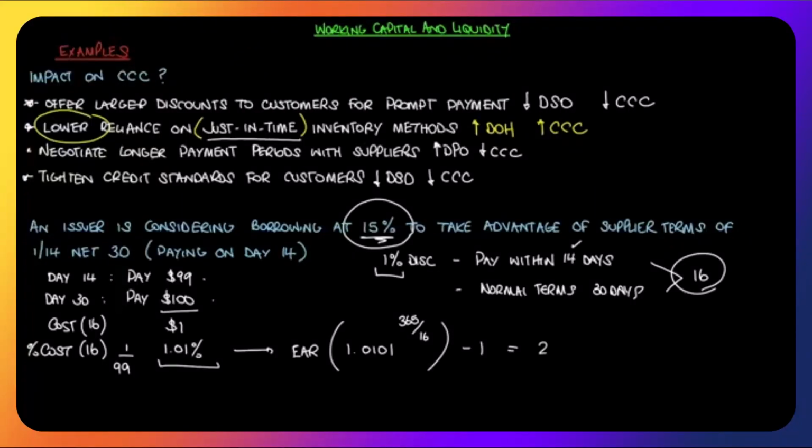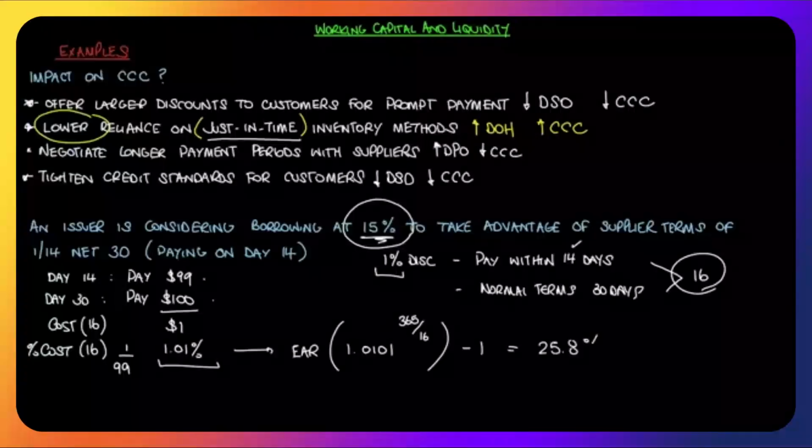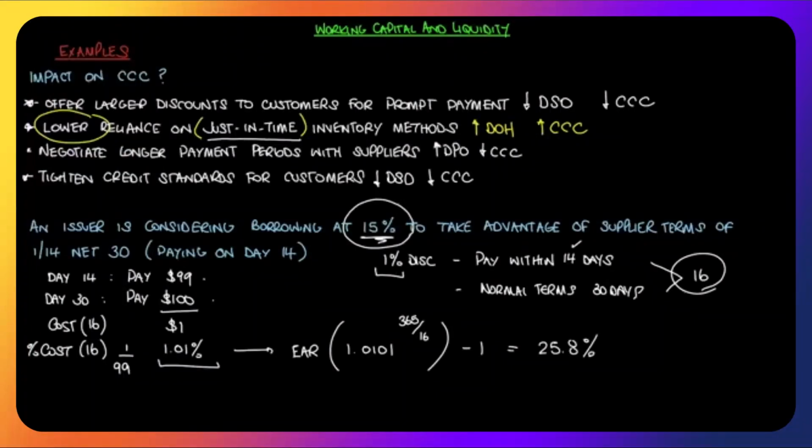That will give you 25.8%. Is it worth borrowing at 15% to save an effective interest cost of 25.8? Yes, it is. If you borrow at 15 and save 25.8, you are coming out on top.